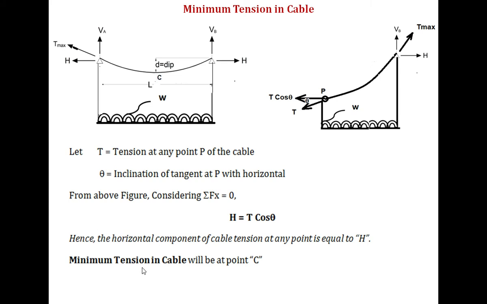The minimum tension in the cable will be at point C, where theta is 0, and T minimum is equal to H. This is to be remembered.